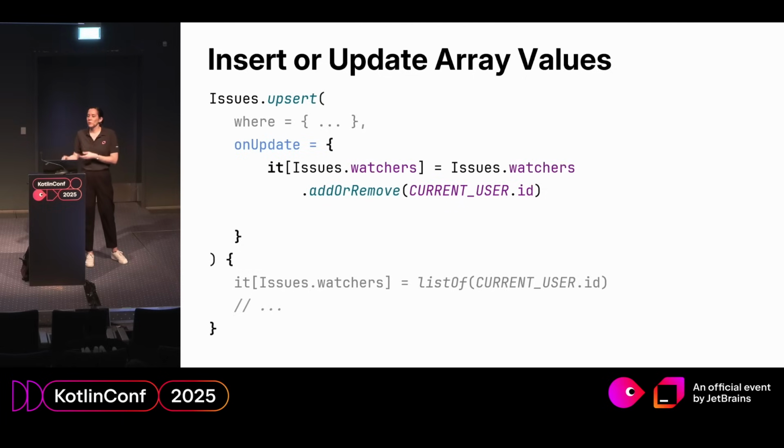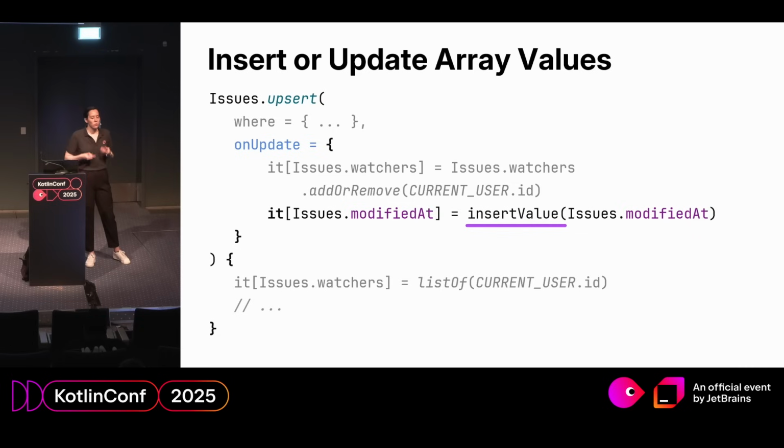And in the event we're performing an update, we can provide our special array function to make sure that's updated. And because additionally, when it's updated, we want the timestamp of the issue to be modified, we can tell Exposed to set up the syntax of the statement to use what would have been inserted by calling that column with insert value.